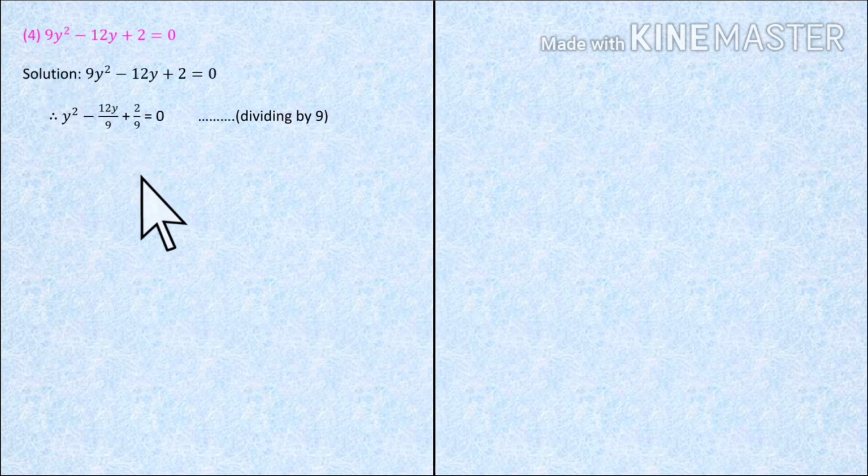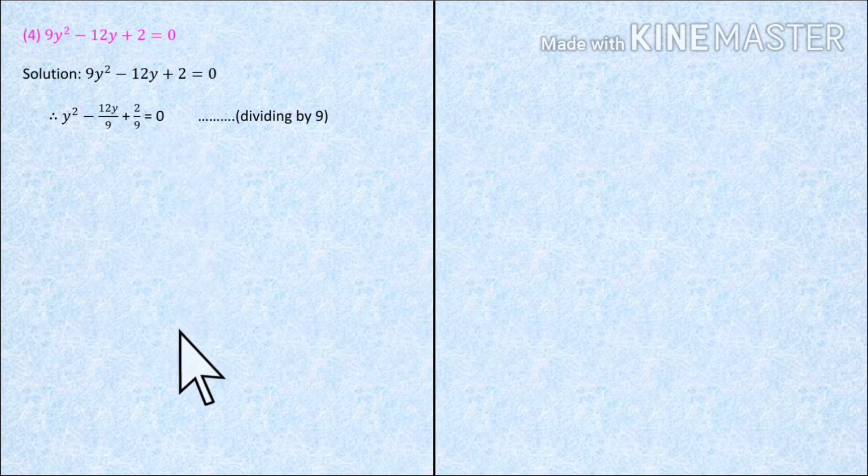But in this example, y square has 9 as the coefficient. So, first step, we have to divide the equation by 9. Therefore, y square minus 12y by 9 plus 2 by 9 is equal to 0.